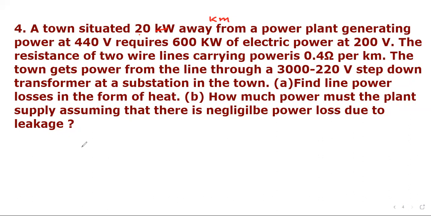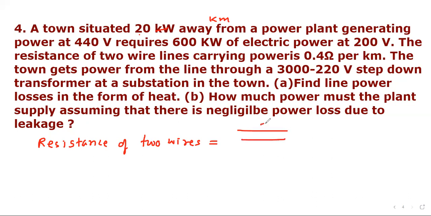So the resistance of two wires: 20 kilometer first wire, 20 kilometer second wire, so 20 and 20 equal 40 kilometer. So 40 and 0.4 ohm per kilometer. So 40 multiplied by 0.4 will give 16 ohm.